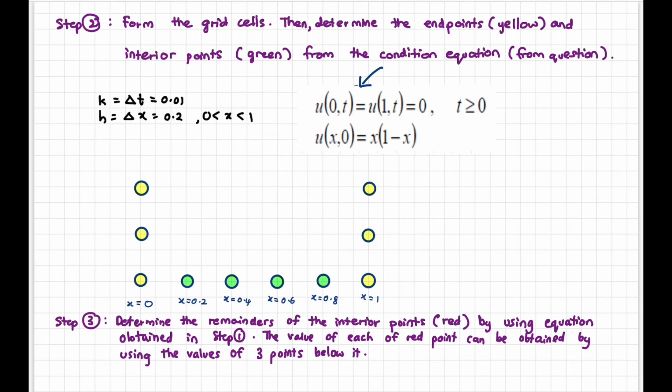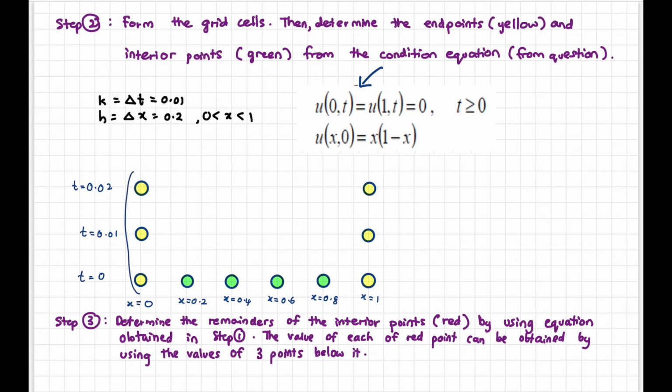And then the boundary condition u(0,t) is equal to u(1,t) is equal to 0, where t is equal or greater than 0. So here your t will be t equal to 0, t equal to 0.01, t equal to 0.02.